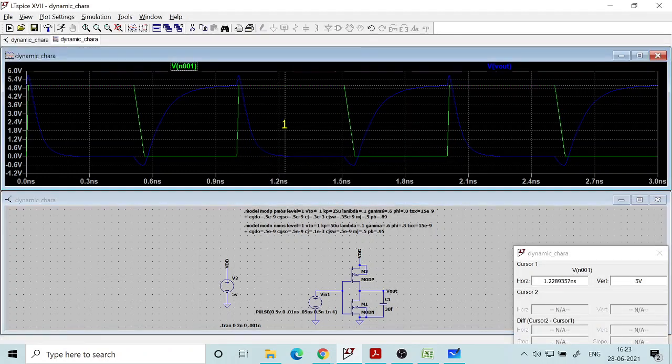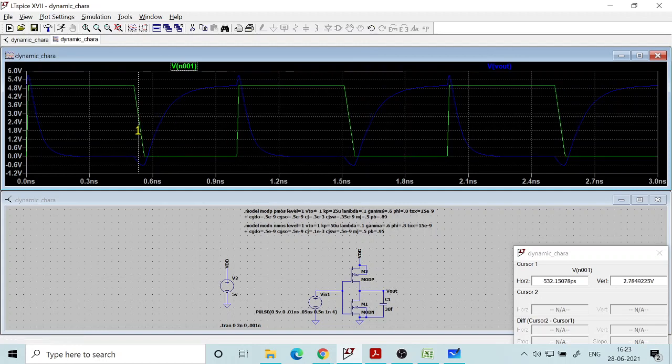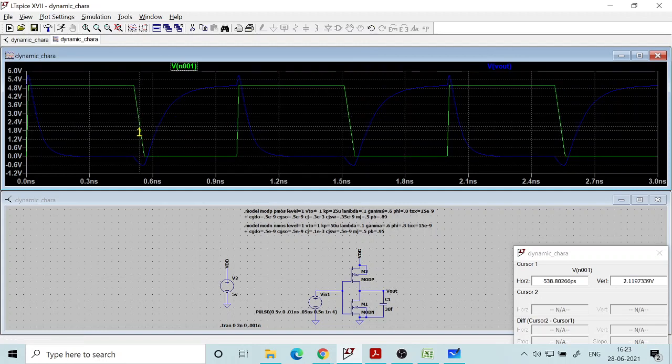This is a cursor you can use to locate the 50% of the input.